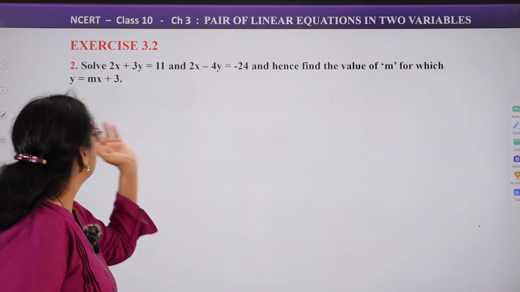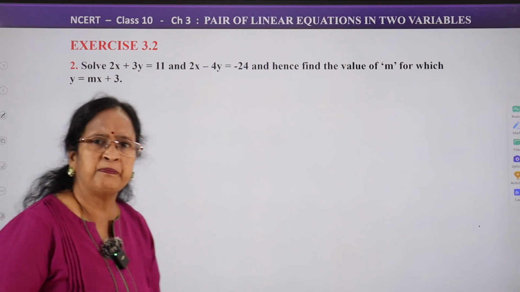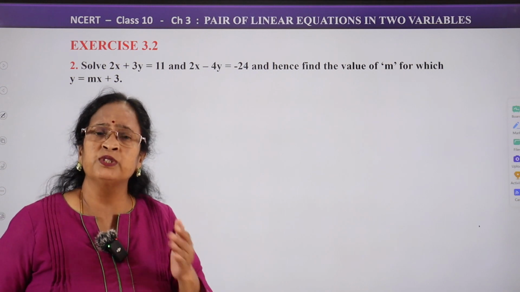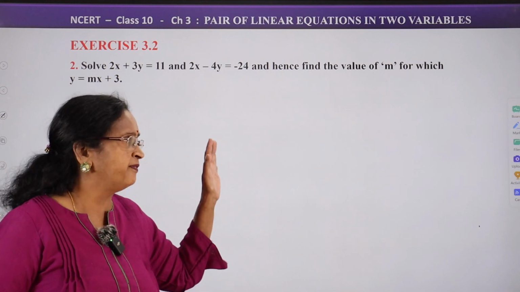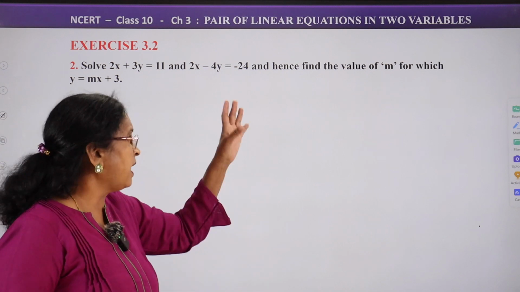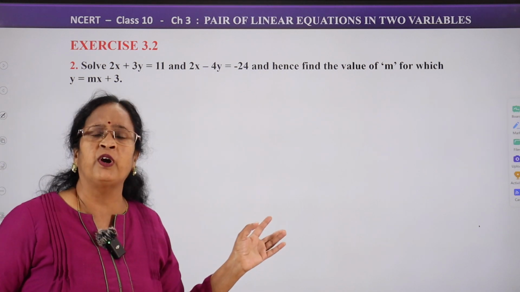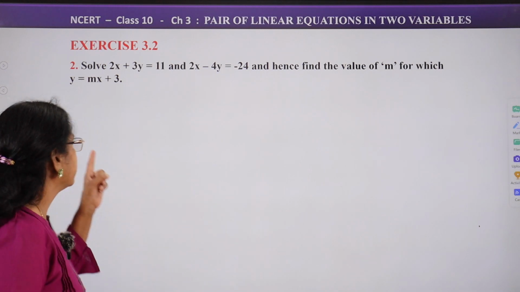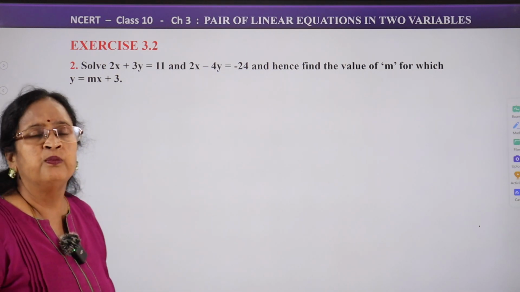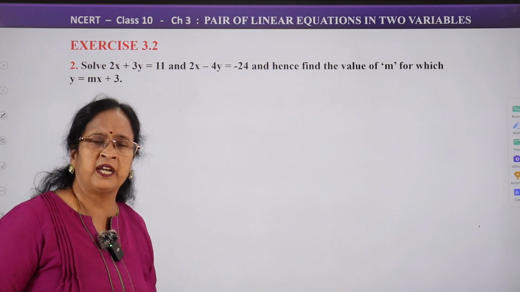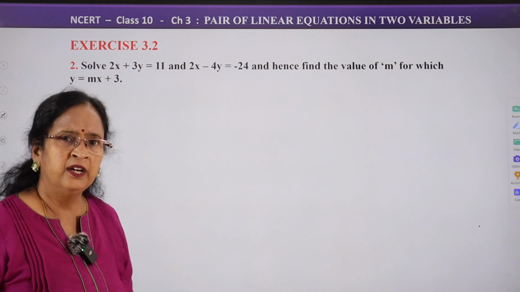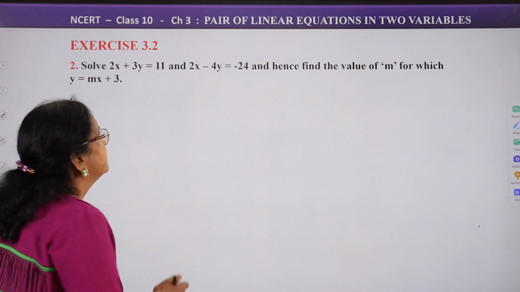But what to do with y is equal to mx plus 3? Nothing. The x and y values which we got, alright, after solving. Now, after solving this question also, what we get? The values of x and y. We put that x and y in the equation y is equal to mx plus 3 and find the value of m. Alright? Okay, let's get started.